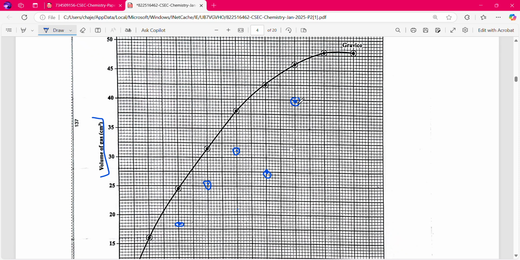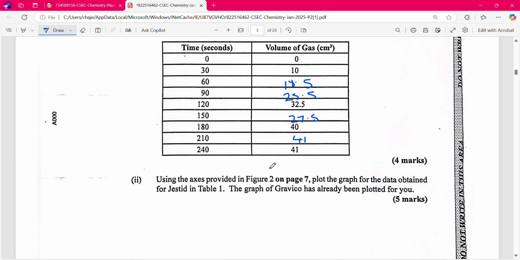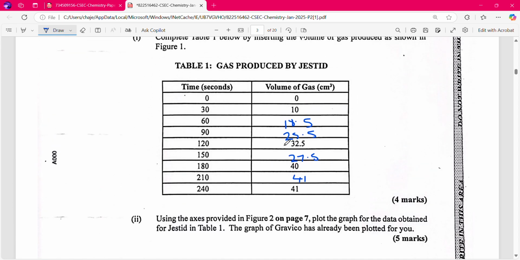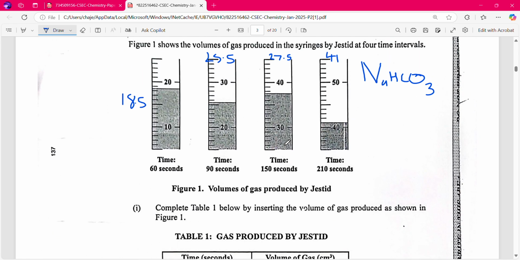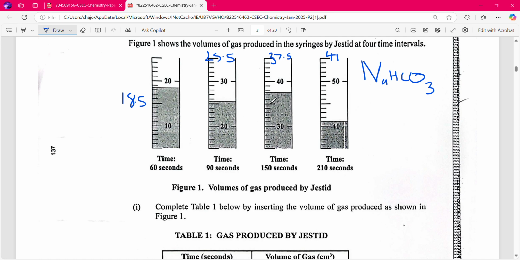Next. 210 to 41. Next. Alright, I'm going to double check this point right here, and the one for 150. It's not 27, it's 37. Alright, 35, 36, 37.